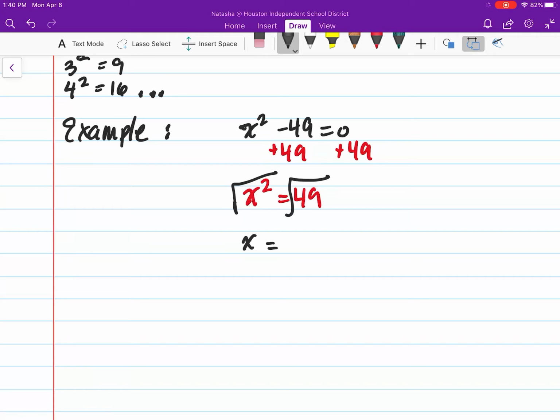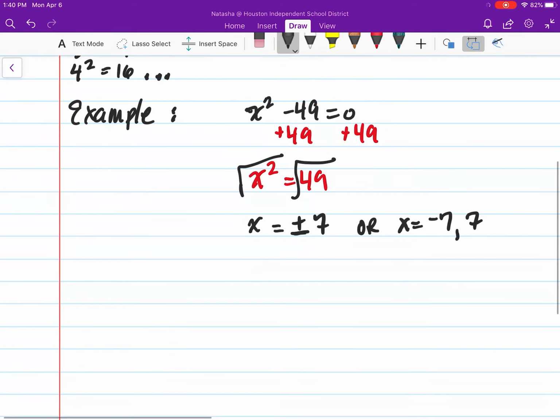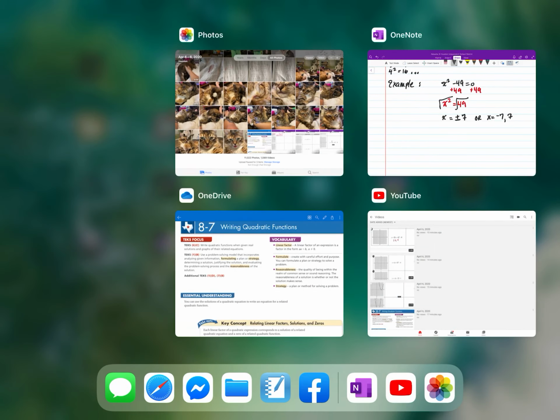But be very careful here, because when I'm taking the square root of a quadratic, that's plus or minus 7. You must include both solutions. So you can write it this way, or you can say x is equal to minus 7, positive 7, because you have two potential values.